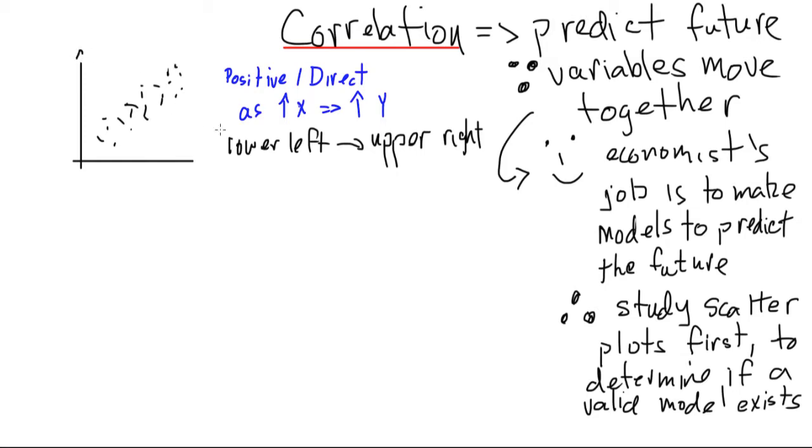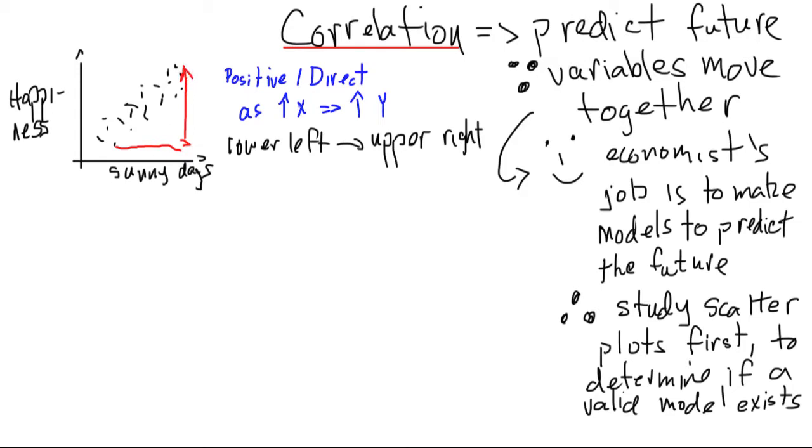For my example, a positive or direct relationship is between sunny days and happiness. What I find is, as there are more sunny days in a year, the more people are generally happy.